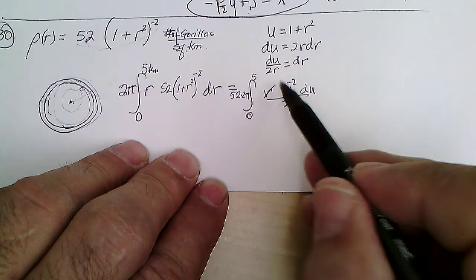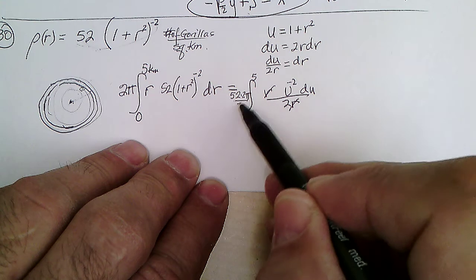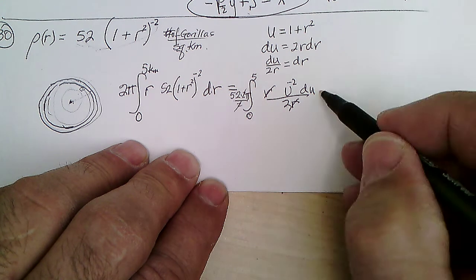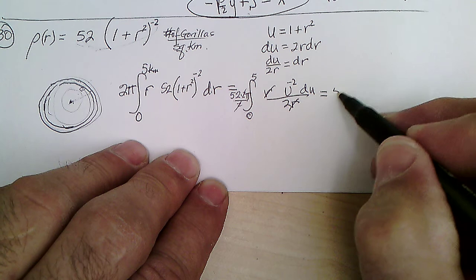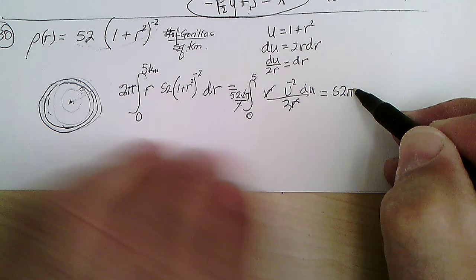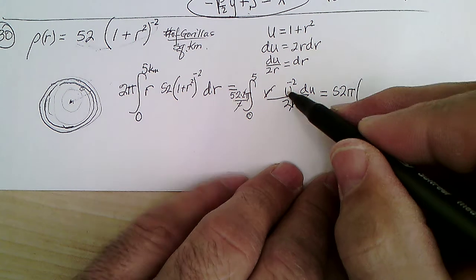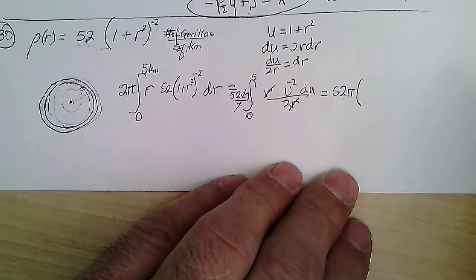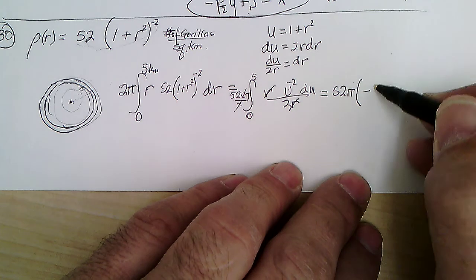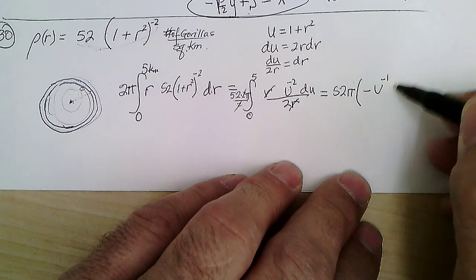I can take the 2 out because it's times all this, and that will cancel a 2, and so I'm going to have 52 pi. The integral of u to the negative 2 is negative u to the negative 1.